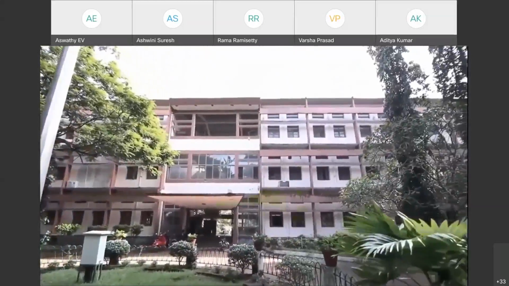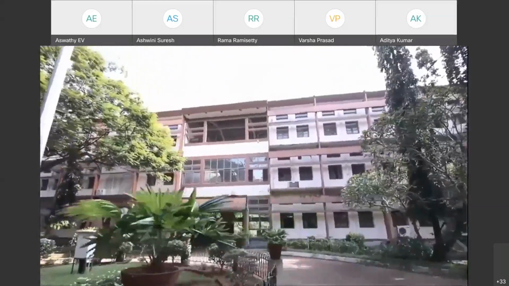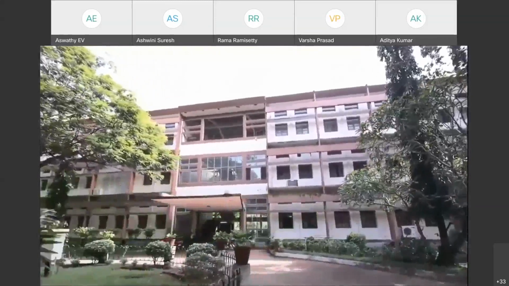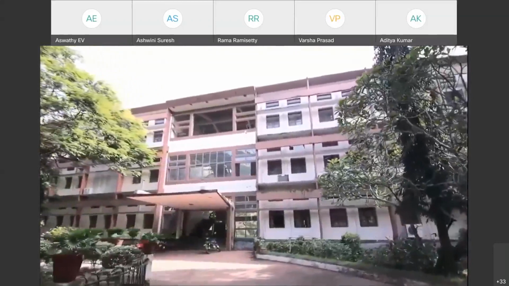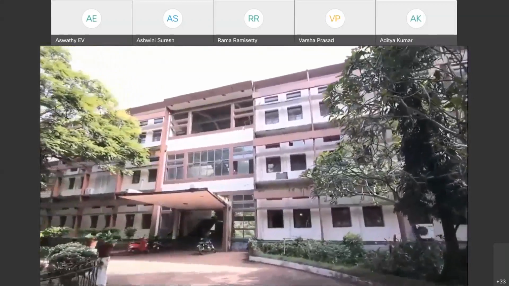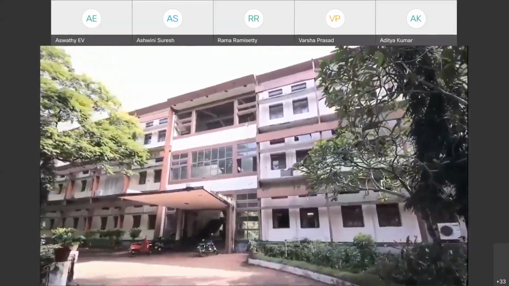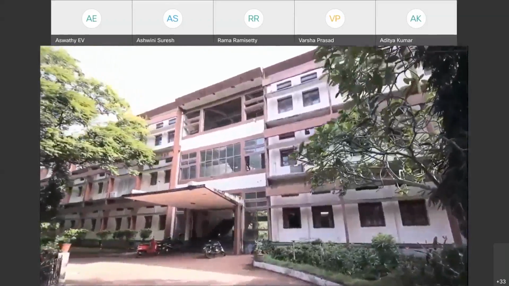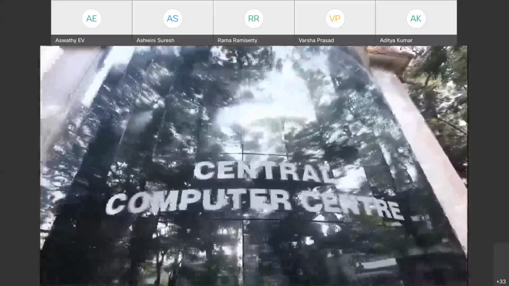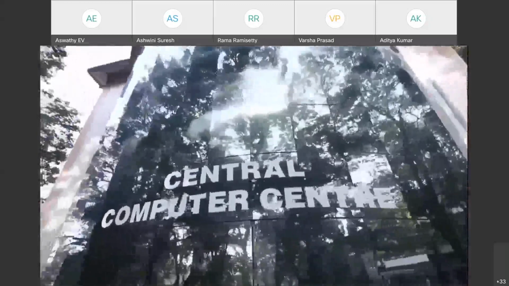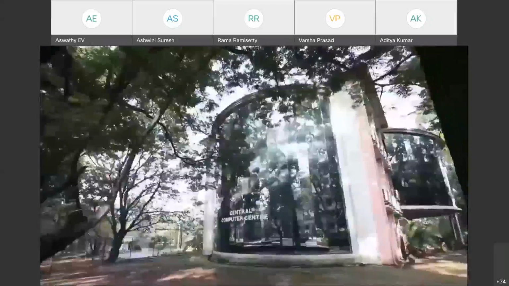This is the main building, which is perhaps the oldest building of an IT. The main building now houses a few classrooms, the central networking center and the students' grievance cell. Towards the left of the main building, we have the Central Computer Center.